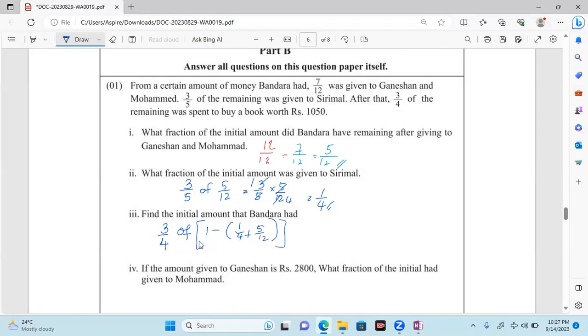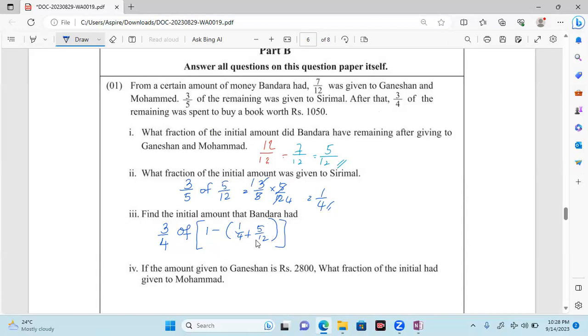3/4 of the, now here we have to identify the remaining amount. Okay, that was spent to buy a book worth 1050. Then remaining amount 3/4.